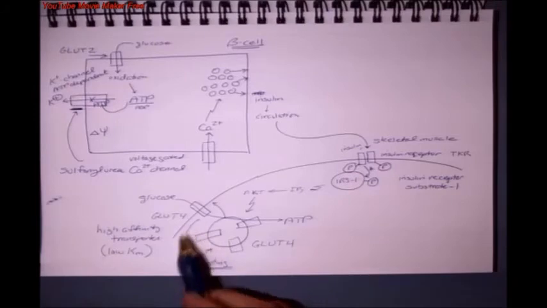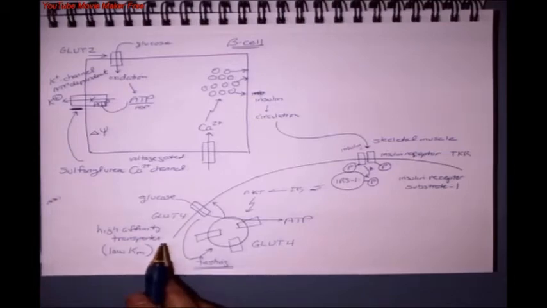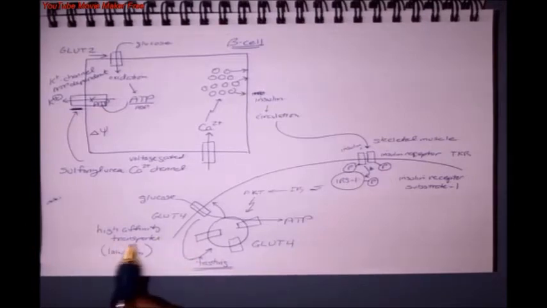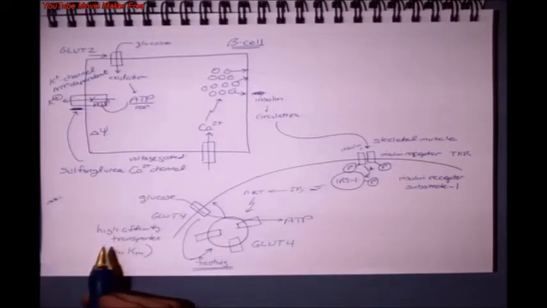Now, if GLUT4 was present on the surface of your skeletal muscle at all times, what would happen to your blood glucose levels, being a high affinity transporter for glucose? Drop. It would drop. How much would it drop? A lot. To 0. That's because you've got a high affinity, high efficiency transporter on all of this tissue.